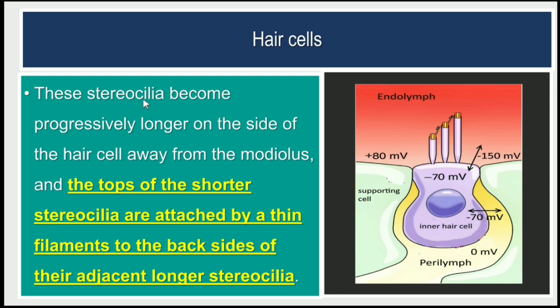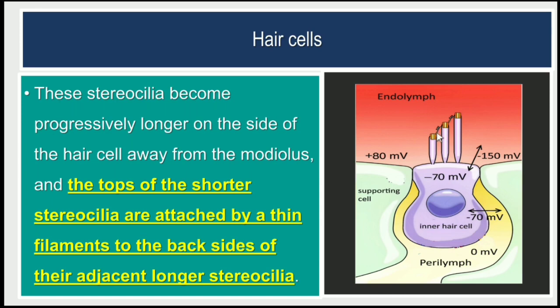These stereocilia become progressively longer on the side of the hair cell away from the modiolus. If you are going away from the modiolus, you see that the length progressively increases. And they are even interconnected by a thin filament.